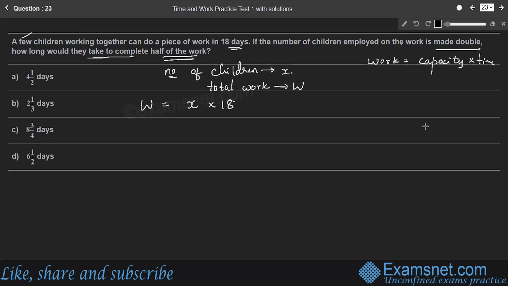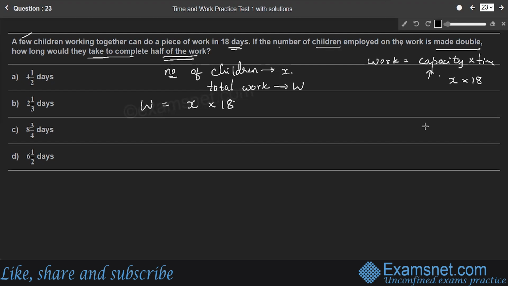Here capacity is how many children are working. So here capacity is X. In the first case, it is X into the number of days they are working, which is 18. This gives the total work.